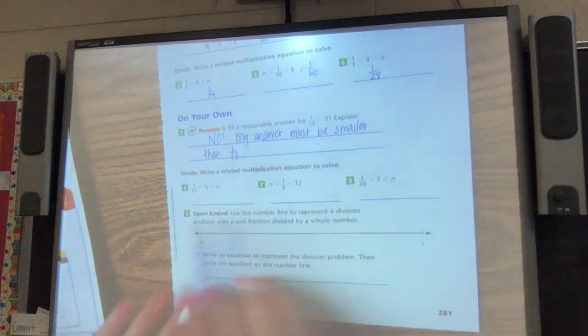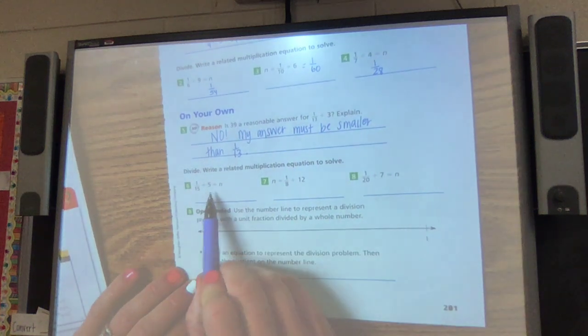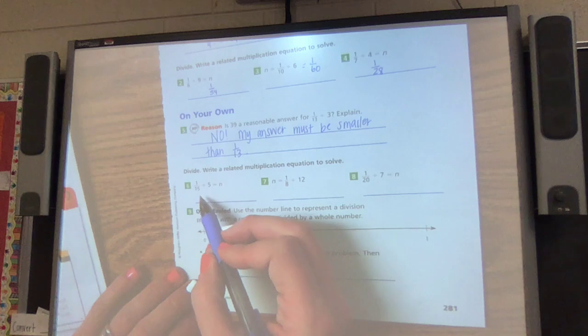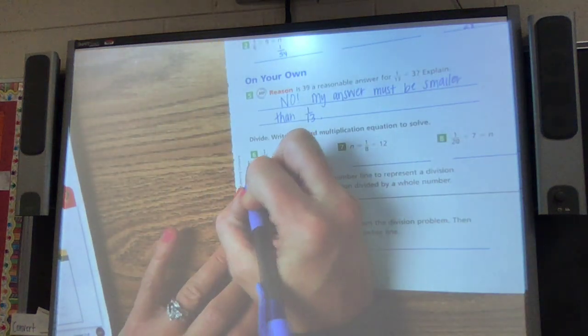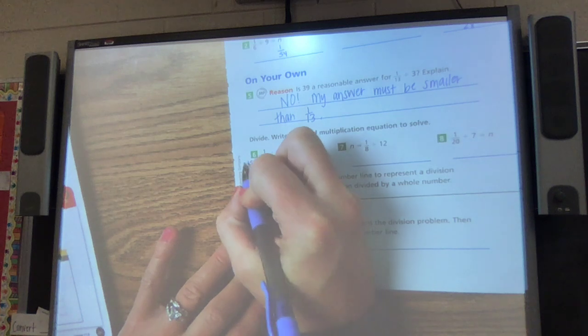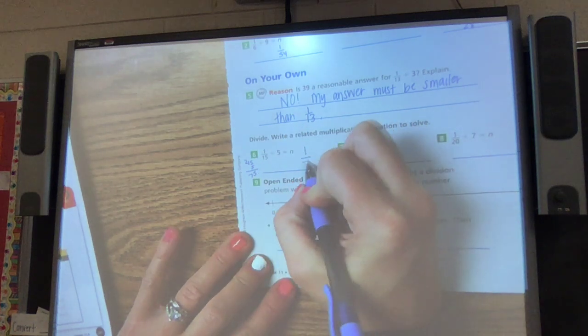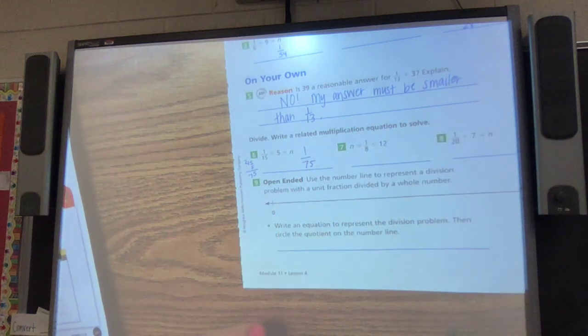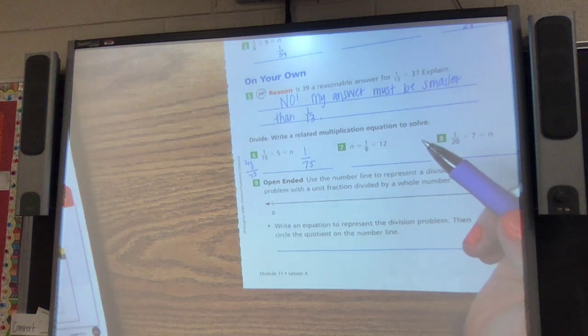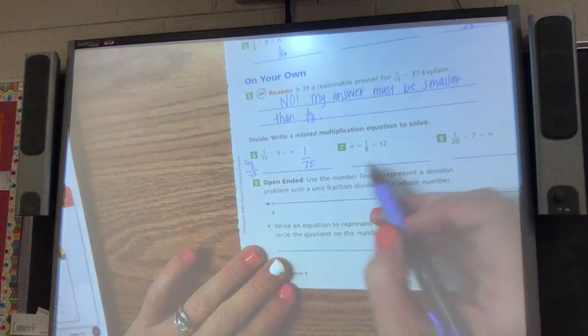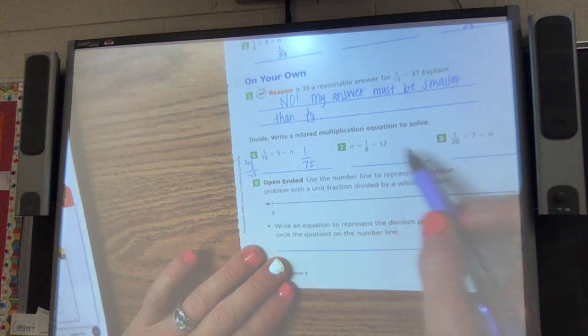Okay? Number 6, 1/15 divided by 5. You might not know 15 times 5, so if you don't, work it out. 15 times 5, 25, that's 75. That's going to be 1/75. It's got to be smaller than 1/15 because you're putting it in 5 more parts. N equals 1/8 divided by 12.